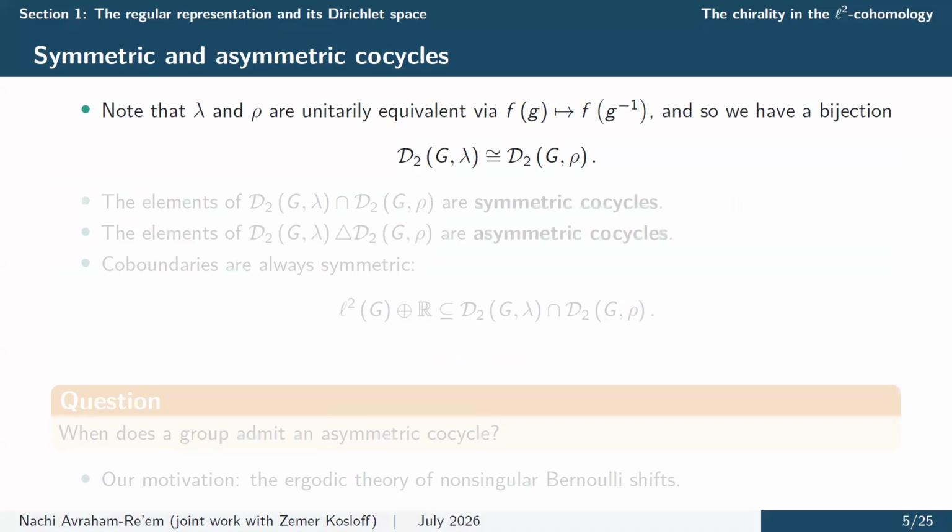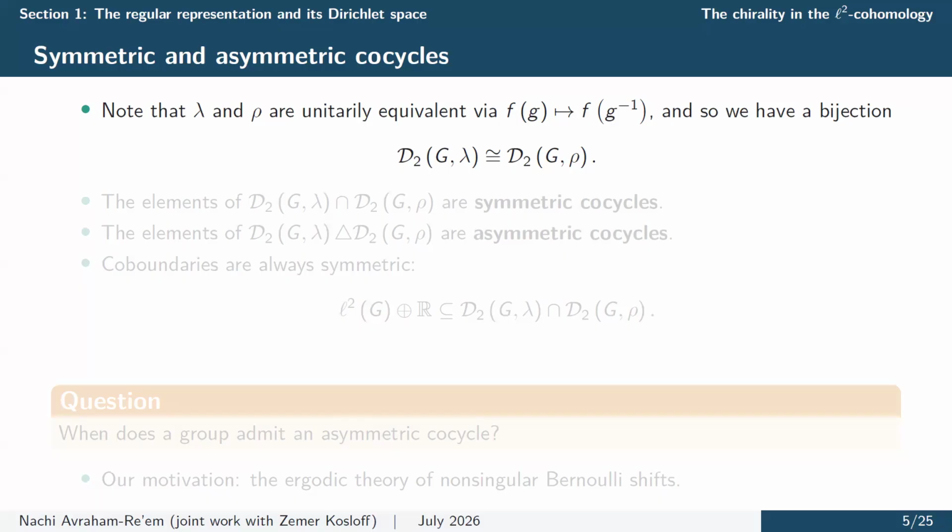If one has a cocycle for lambda, for the left regular representation, say f, then if I change the variable in f, doing inversion of the variable, then I get, of course, a cocycle for the right regular representation. That's just direct verification. So in an algebraic, abstract sense, those vector spaces are obtained by inversion of the variable, and this natural isomorphism between them.